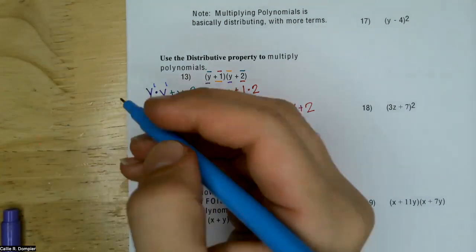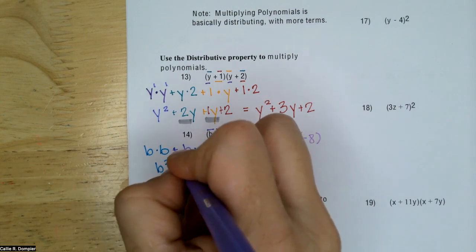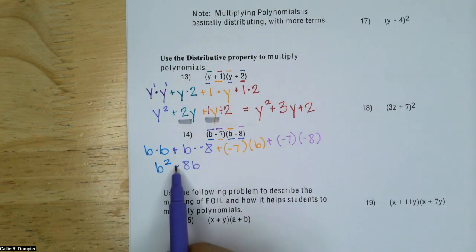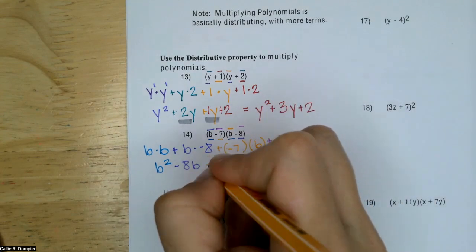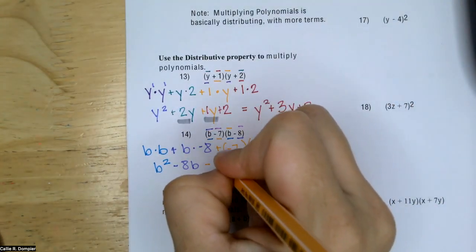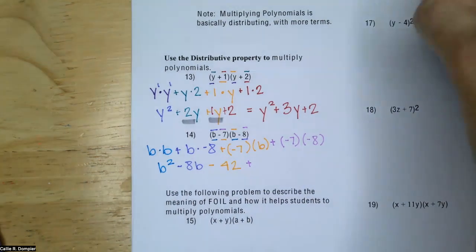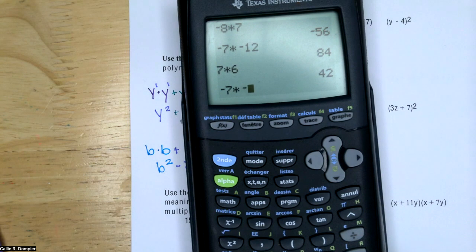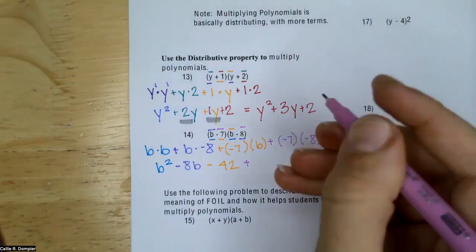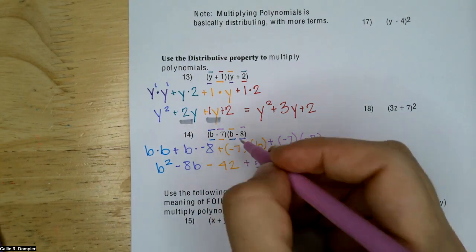Okay? b times b is b squared. b times -8 is -8b. So you could put plus -8b, or you could just say minus 8b. -7 times b is minus 42. Oh, sorry, it was 42b.